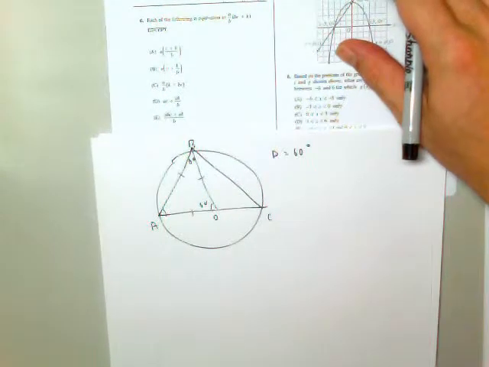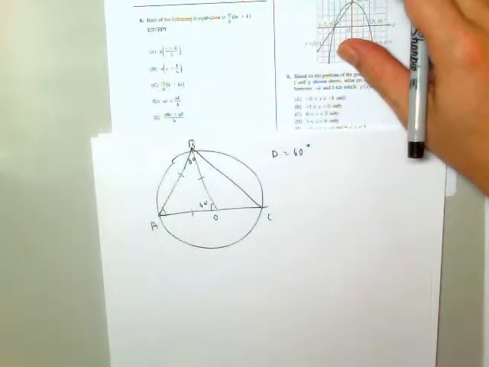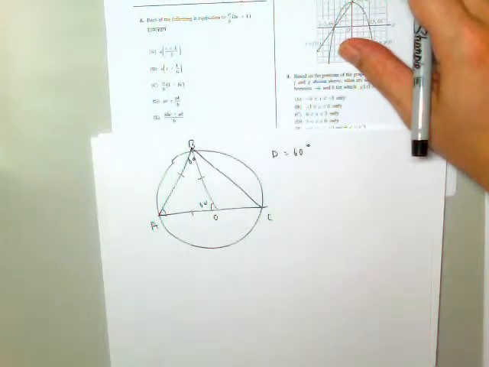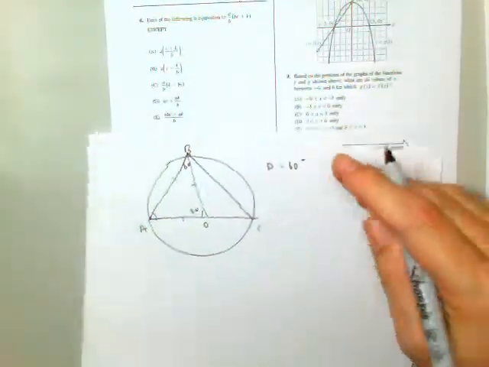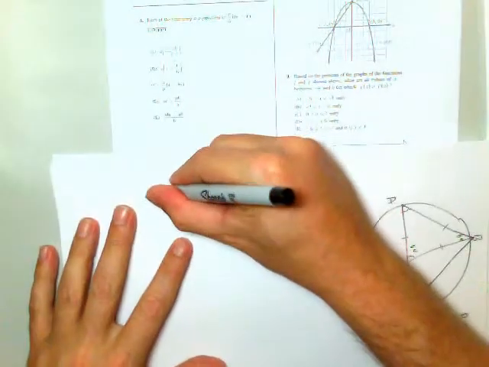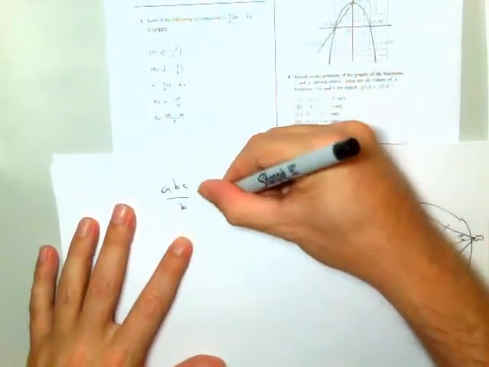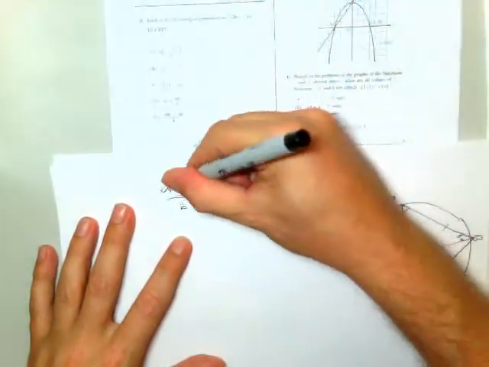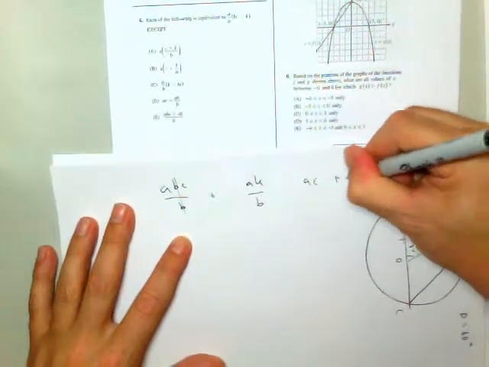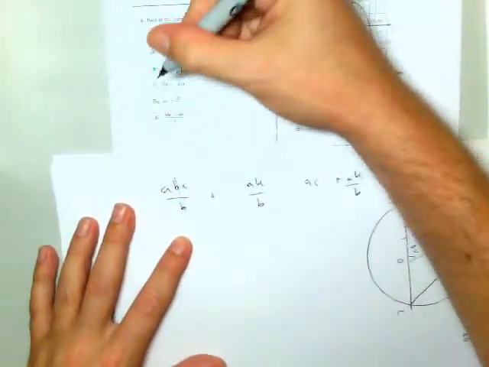Each of the following is equivalent to the following except. Well, it looks like the first, if I factor an A out, this is, well, if I multiply these out, I get A, B, C over B plus AK over B, AC plus AK over B, so it's not that one.